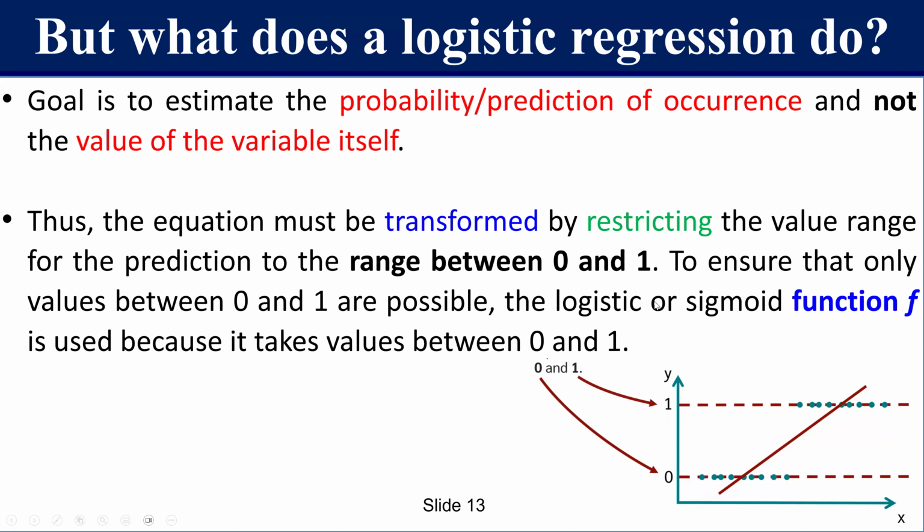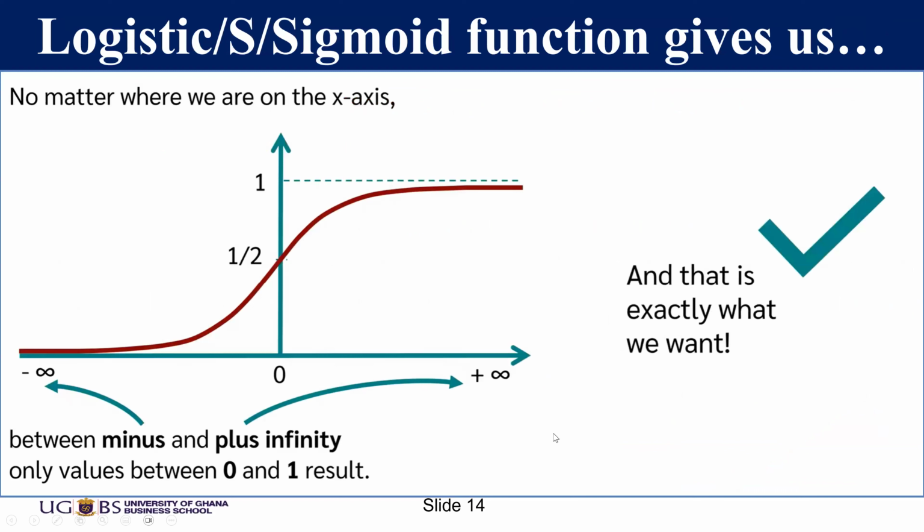So this is a sigmoid function. Now, look at a regression, the OLS. If you fit this line here, this line keeps going up and keeps coming down. It doesn't fall between the upper value of 1 and the lower value of 0. So a linear regression will not suffice. But if you look at the sigmoid function, no matter what the values of the independent variables are, look at it, the independent variables can be negative, it doesn't matter.